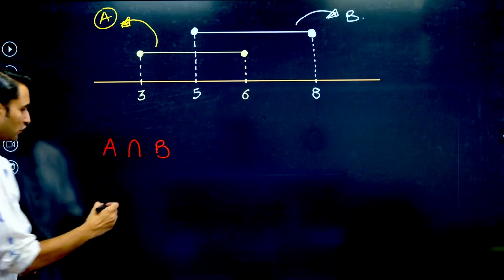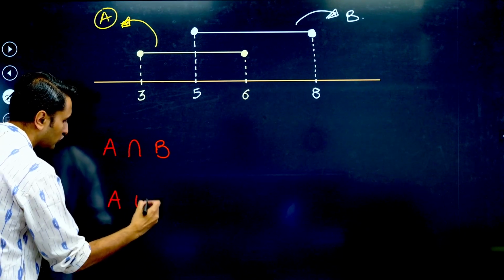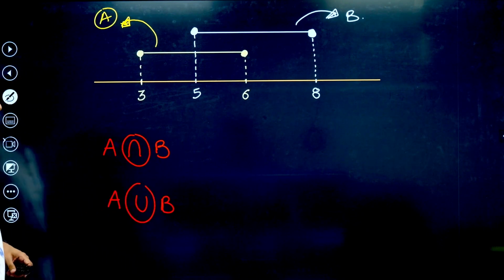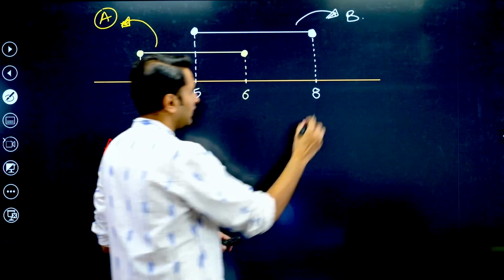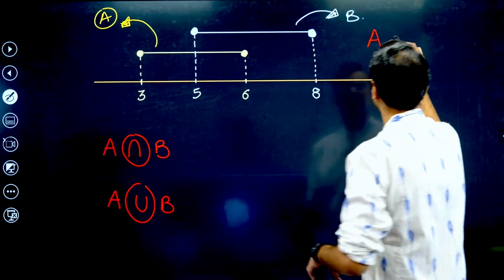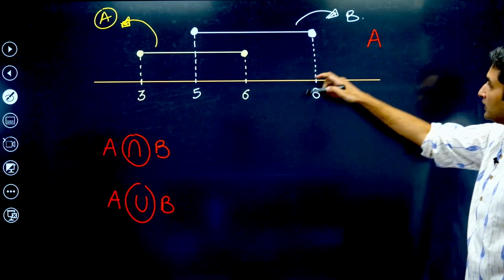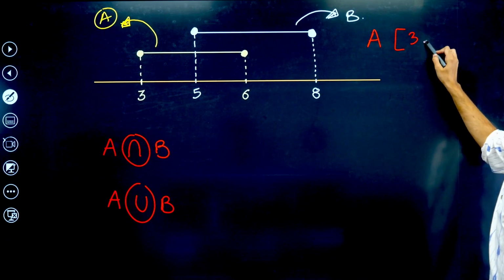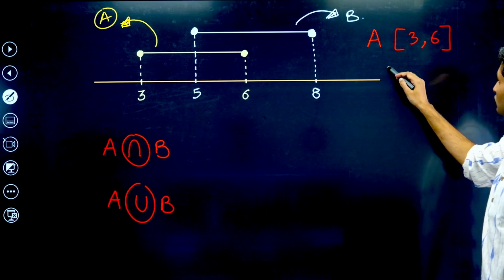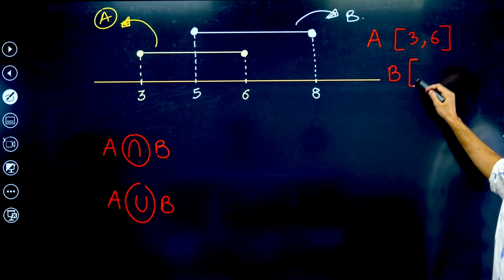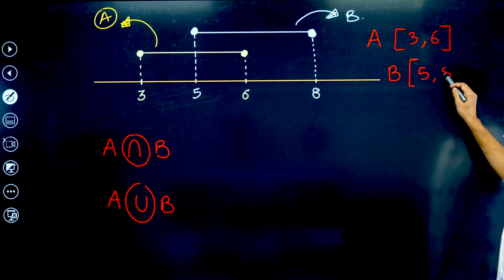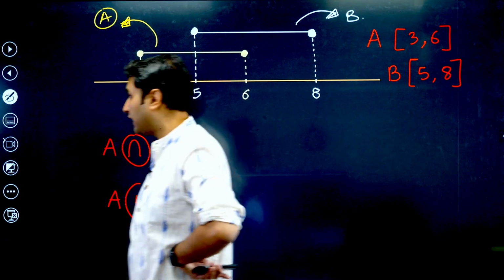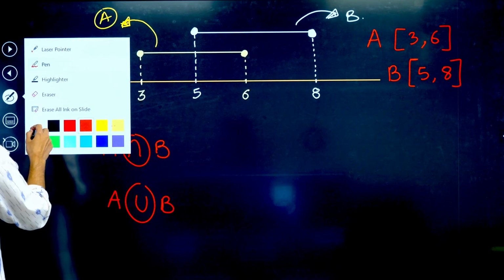My other question to you is, what is A union B? Right? What is A and B? So what is A? A is nothing but closed 3 to 6. And what is the interval B? It is closed interval 5 to 8. So one time I want their intersection, one time I want their union. What will it be?